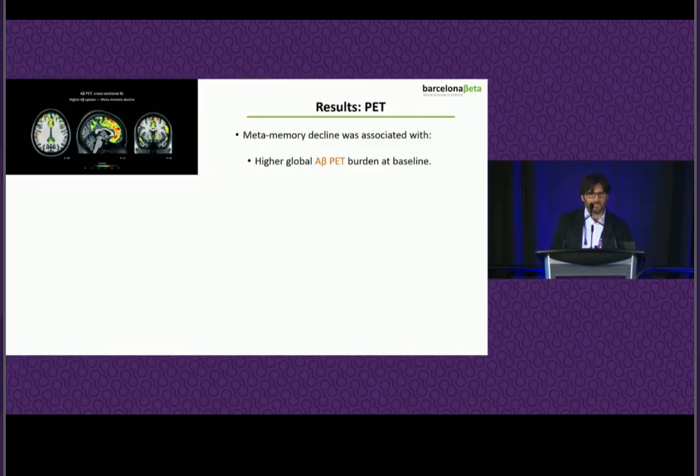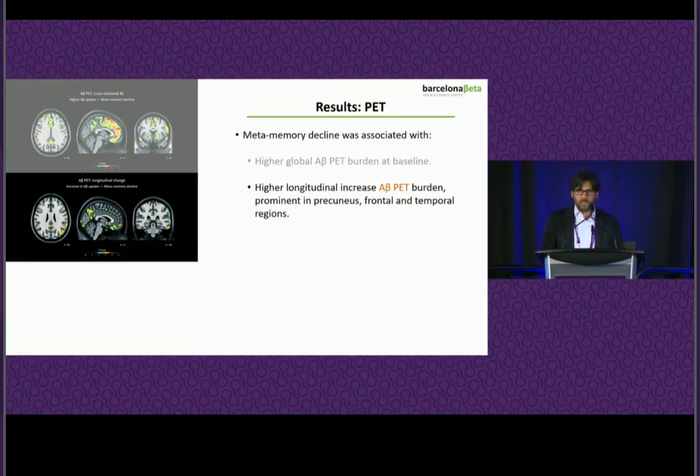Regarding PET, these are the results for the baseline amyloid PET. As you can see here, there was a relationship in wide regions, mainly medial brain regions, in which the higher the amyloid deposition, the lower the metamemory ability.